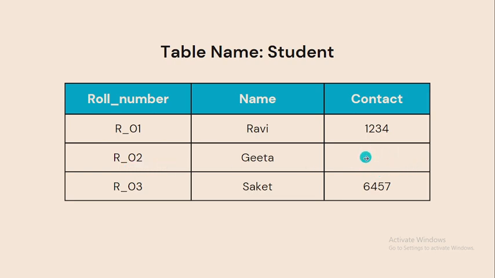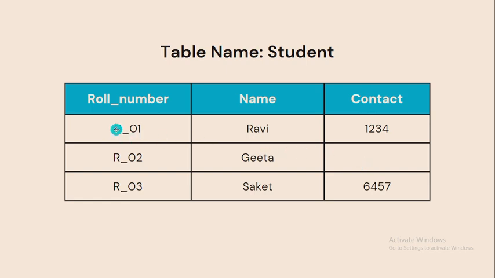What does it mean? Maybe that student did not have a contact number at the time when the record was inserted. But later, after some time, this student got a mobile number. So later we want to update this column value in the table. We can do it.